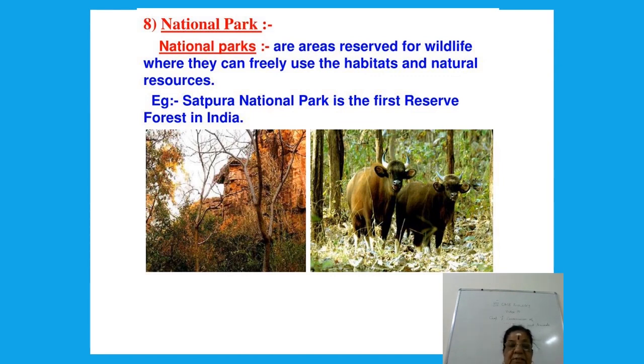So I repeat, Satpura National Park preserves flora, fauna, landscape and historic objects of an area, and it is the first reserve forest in India, and finest Indian teak is found in this forest. Are you clear? So the finest Indian teak is found in this Satpura National Park forest.